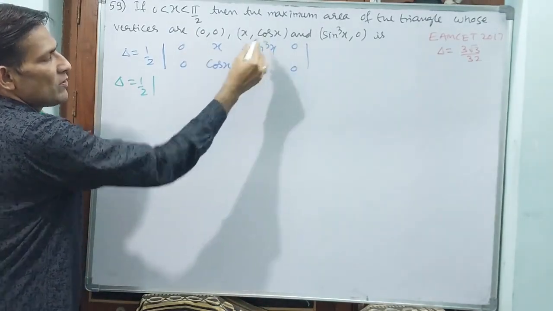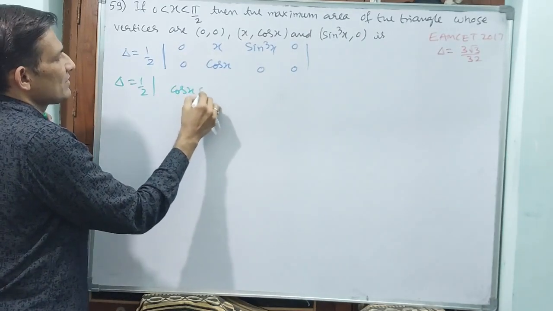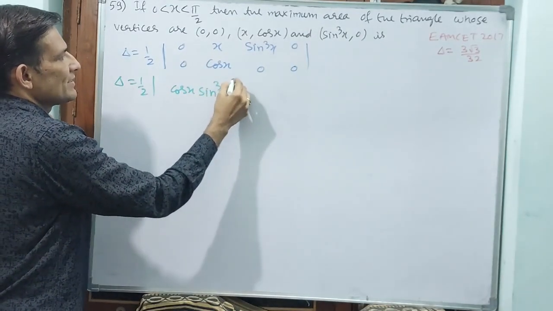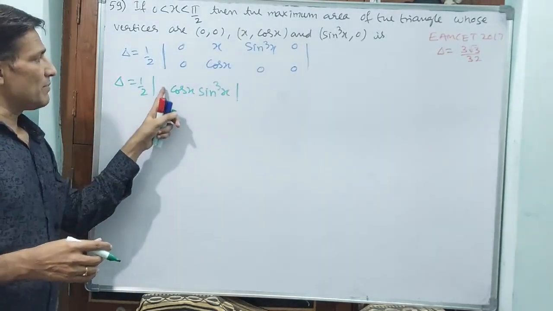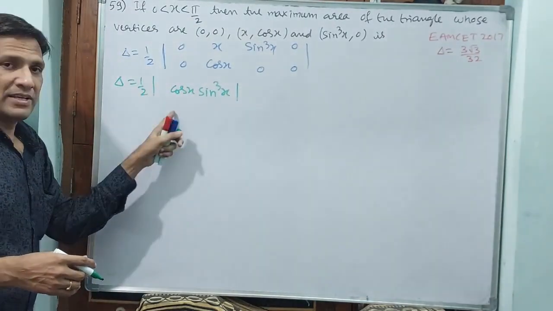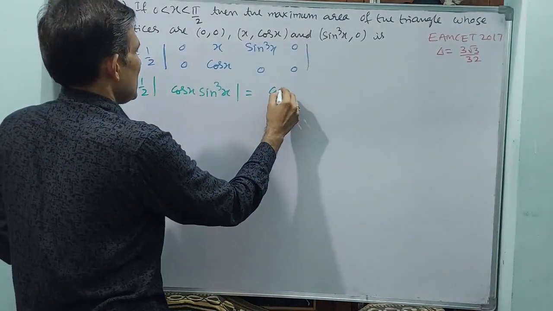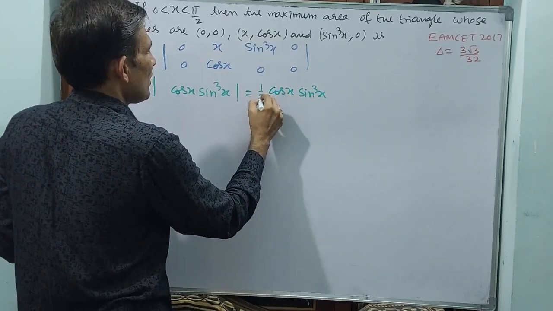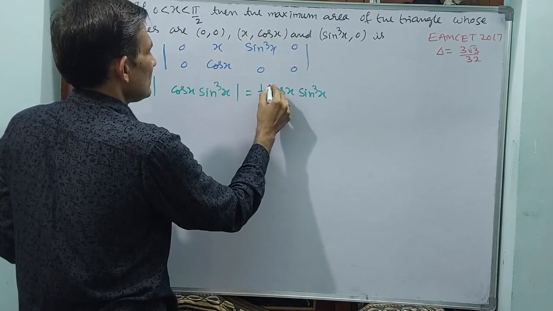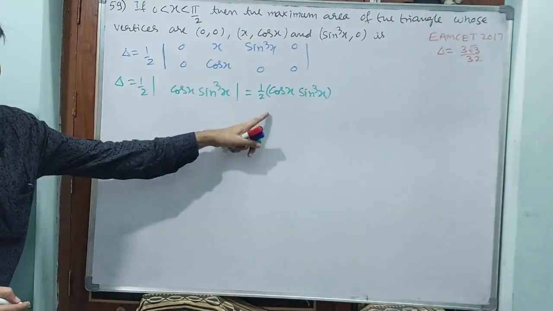Then you see 0, cos x sin cube x, again 0. A minus sign coming is also no problem, because I am not keeping the sign, the modulus is there. It will come like this: cos x sin cube x times 1 by 2. This will be your area.